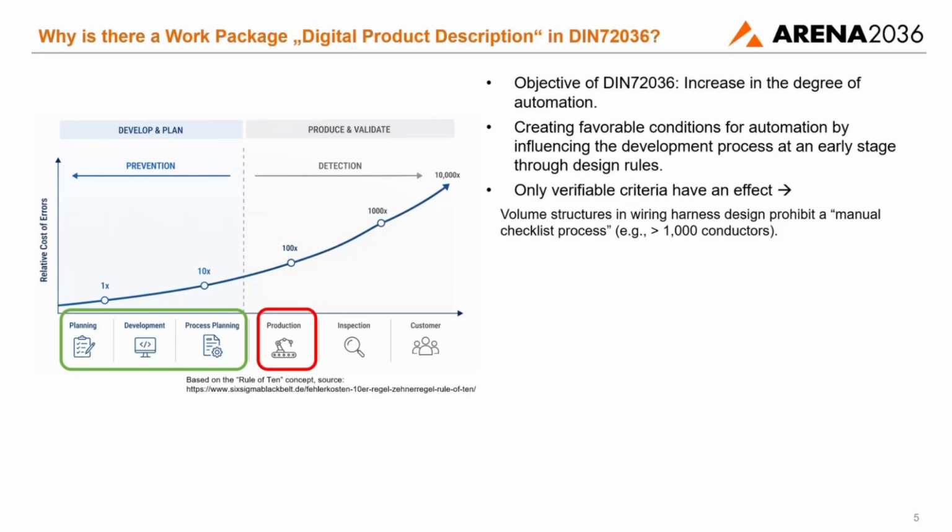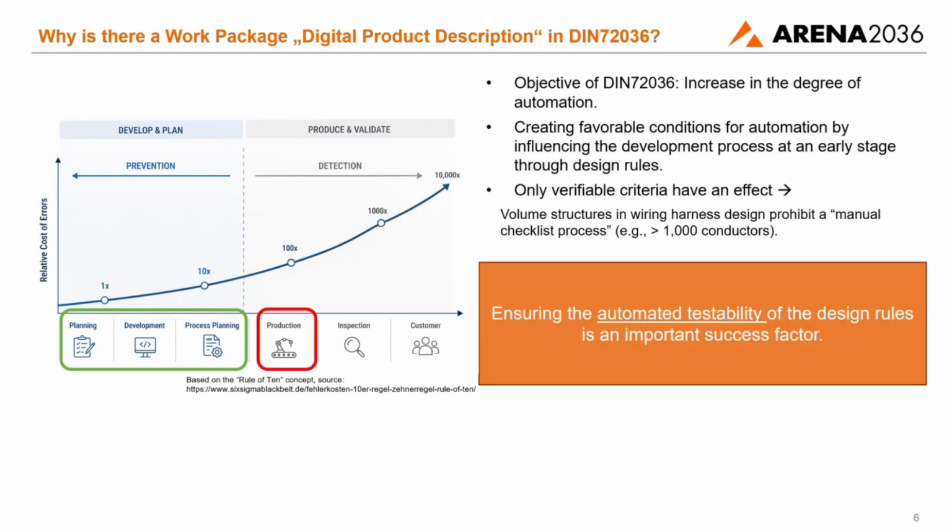And therefore the idea from the beginning of the DIN was not only to set up design guidelines or design rules, but also ensure that the design rules are automated testable.